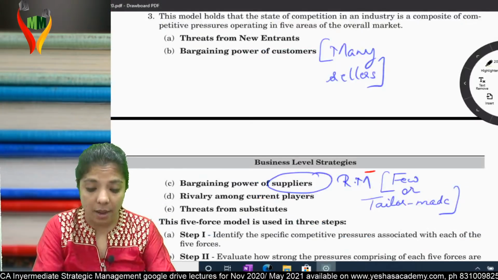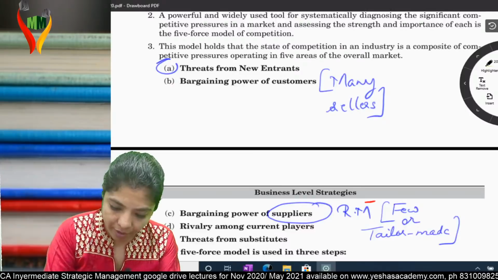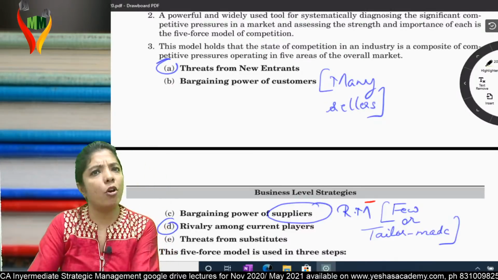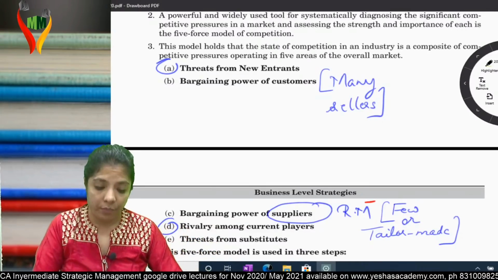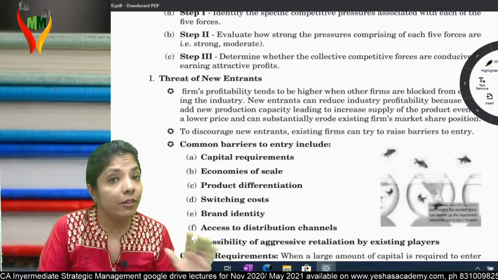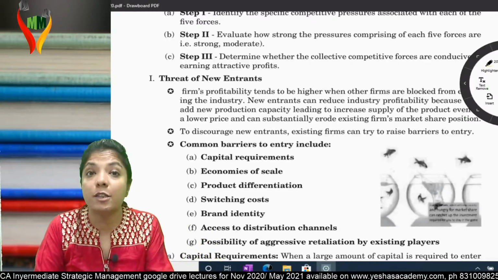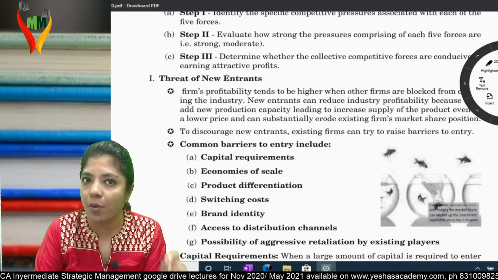Now I have to go in depth on point A and point D. The rest I've already covered in depth. The first one is threats from new entrants. I've just explained that new entrants are the toughest source of competition.